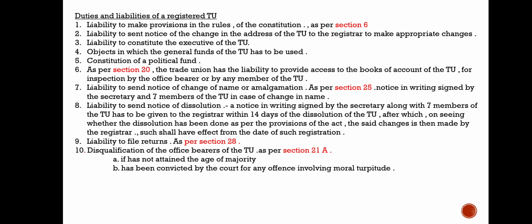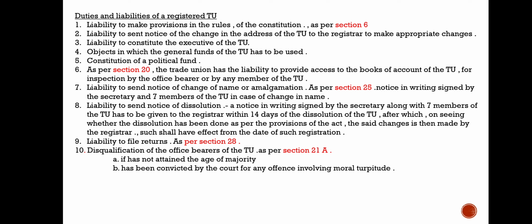And the next one is, if there is any change with regard to the name of the trade union, then it shall send a notice of the same to the registrar. This is mentioned under section 25. What are the prerequisites? The notice should be in writing, and it should be signed by the secretary and 7 members of the trade union.